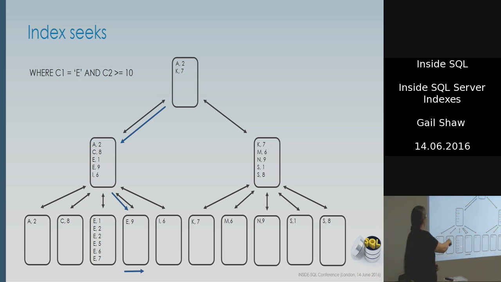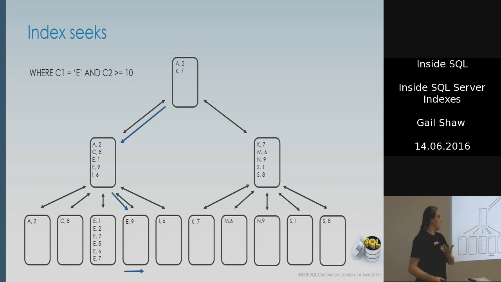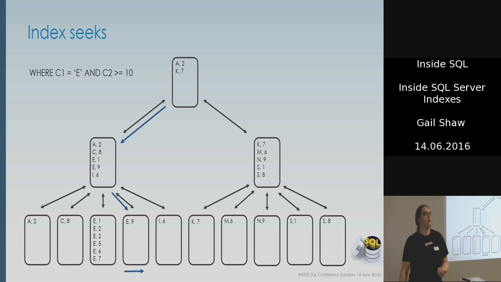Down here, find that one, 5, and we're done because we can only have one of them. This index, since it's not unique, what SQL will have to do is find the first row that's 5 and read until it runs out of 5s. In this case, there's only one of them, but it still does have to check to see that the next row isn't also 5. So these show up as range scans. They are index seeks, but they're index seeks for a range of rows.